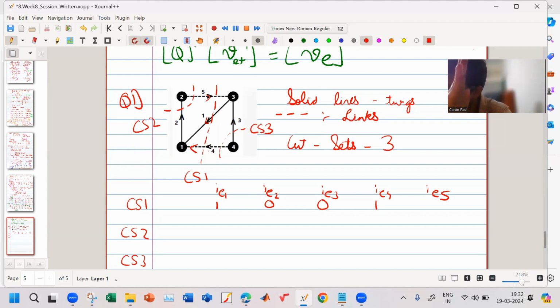I consider it like that, and then I put the numbering. I1 is going left, so that is going out of the cut set. That is my reference, 1. IE4 is also going left out of the cut set, so that also is 1. IE5, on the other hand, is entering into the cut set, so that will be minus 1.